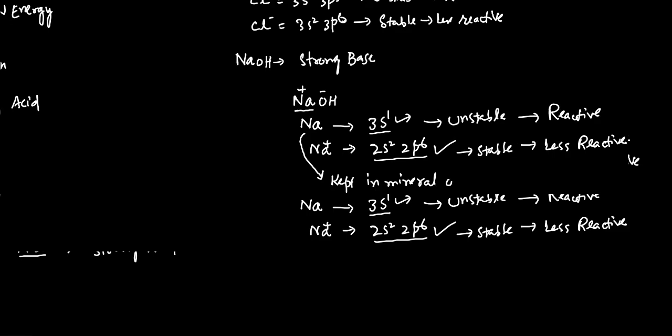Just to stop its reaction with the oxygen and water. Sodium always tries to get into the plus one oxidation state. So whenever it, for example, reacts with the oxygen, it forms sodium oxide very quickly. So it's a very fast reaction.